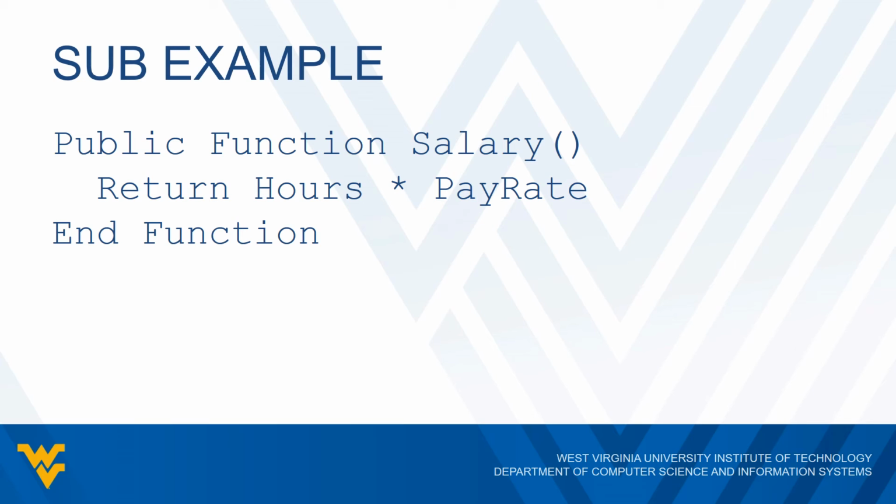And once again, notice that here we're actually going to be using the properties for the hours and pay rate attributes, and we're not directly using the hours or pay rate attributes. If we were doing them directly, we would have the underscore DBL hours and an underscore DBL pay rate. But we can use properties, and in fact, that's the common thing to do for getting and setting the values of our attributes.